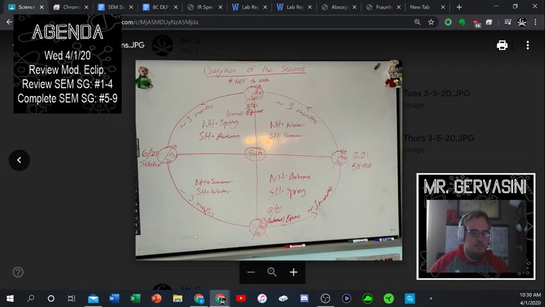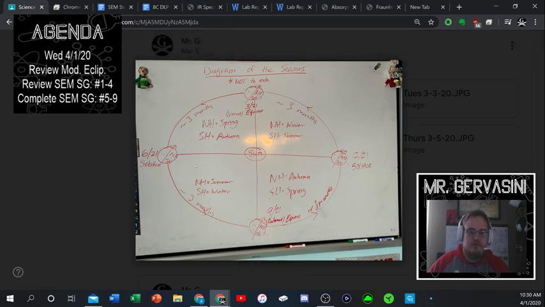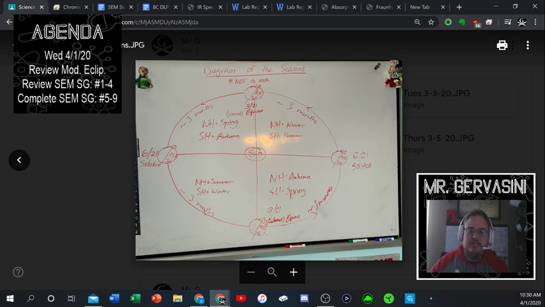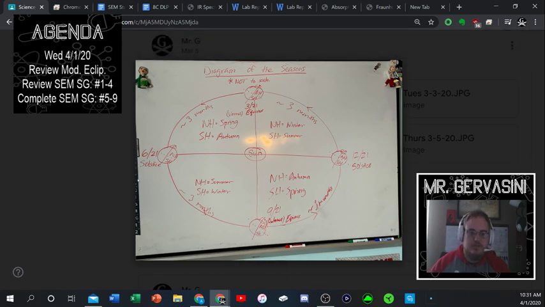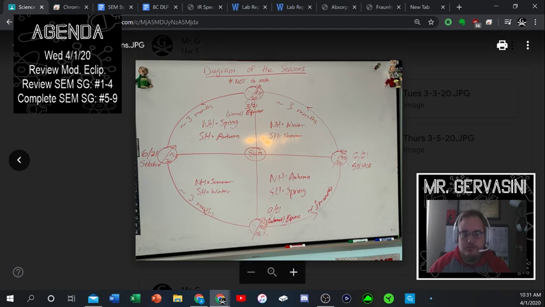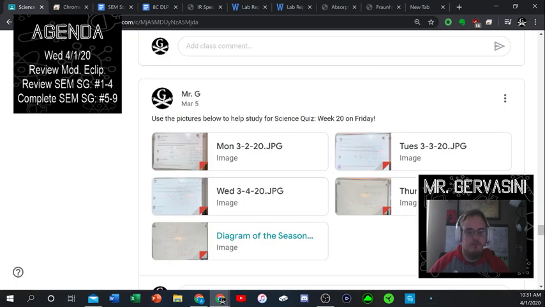Does that make sense? So these are 4 points around the sun, like 4 points of a compass. At each point, tell me its name, according to the northern hemisphere. Like this is a solstice, this is a solstice, but this is the summer solstice, this is the winter solstice.